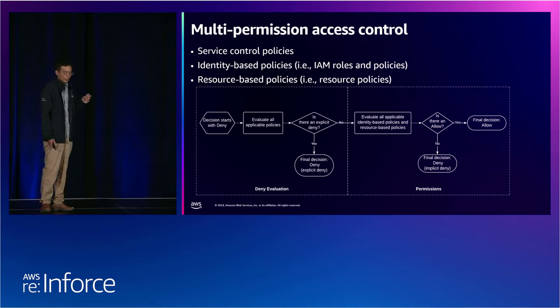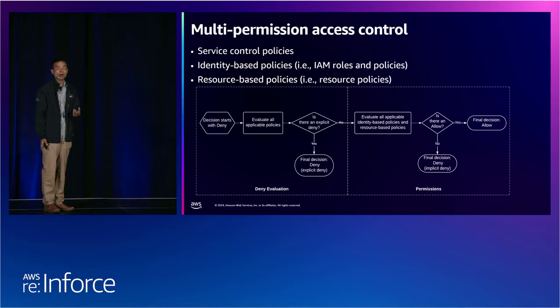Next, we're going to talk about the multi-permission access control model. But before that, I want to give an overview of a couple of policies, three of them, that we use to secure secrets at Capital One, how they work, and how AWS evaluates them together.